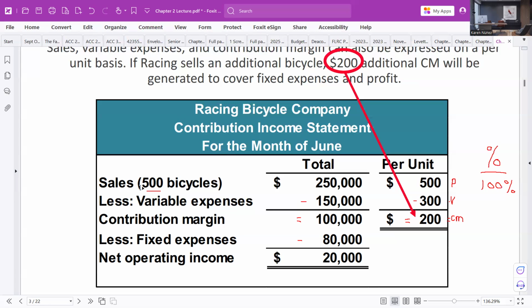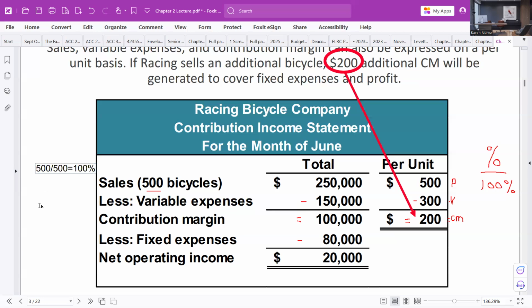So if we want to know what the selling price is, again, if we're expressing everything over here in this column as a percent of sales, kind of like on a vertical analysis of the financial statement, if we were to take the 500 and divide by 500, right? That's how we get that 100%.